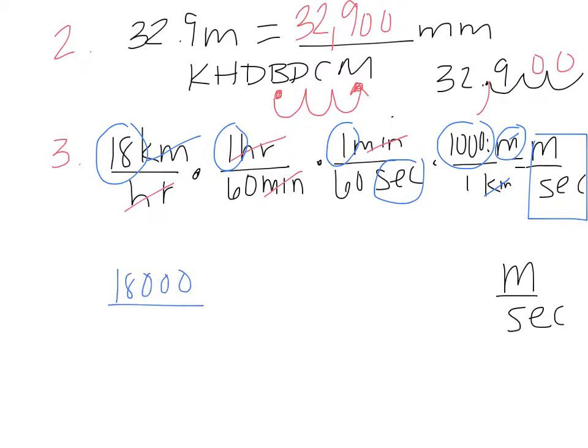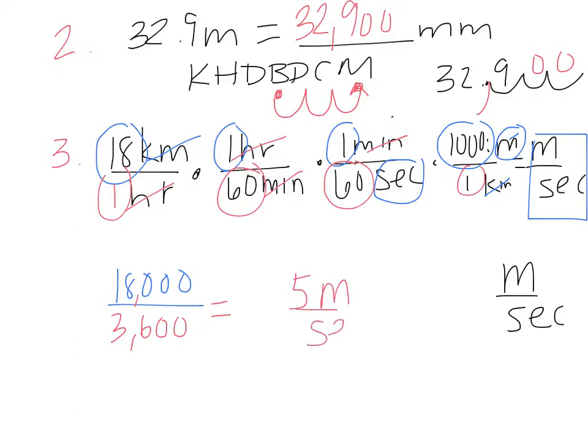Then we multiply 60 times 60 times 1, which is 3,600. Then we divide 18,000 by 3,600, and you get 5 meters per second.